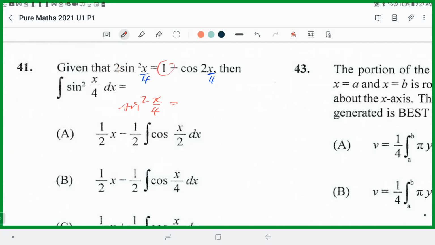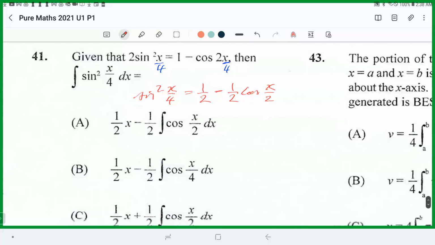It's going to become a half minus half of this as well. And this works out to be x over 2, so from the cos of x over 2. And so if you're integrating this, you're integrating that.